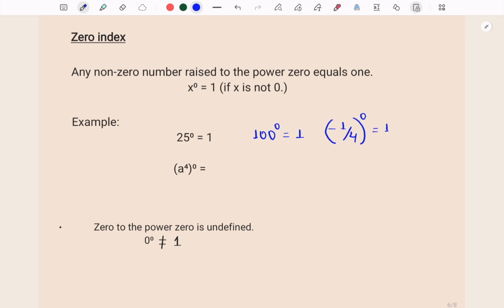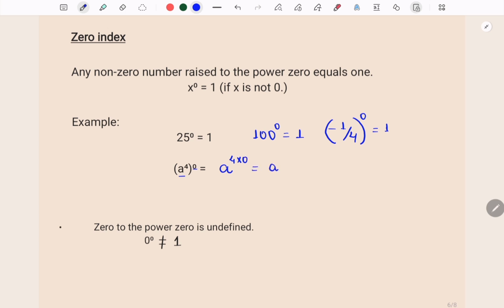Here we have an interesting example for you. We have a raised to the power 4 and all raised to the power 0. That is power of a power, something that we just learned. So power of a power, we keep the base and we multiply the powers.